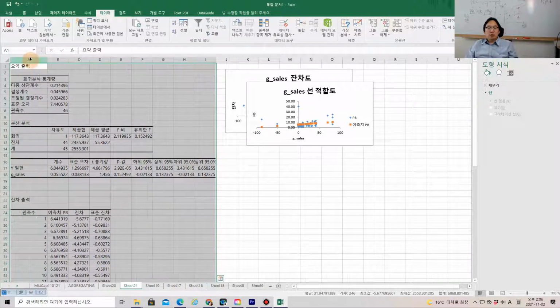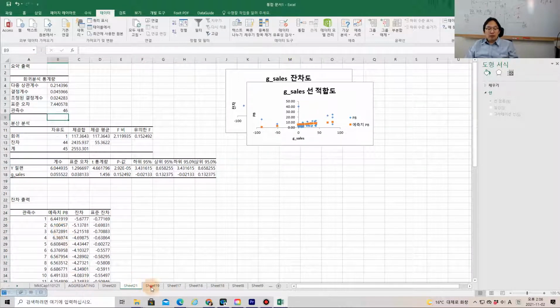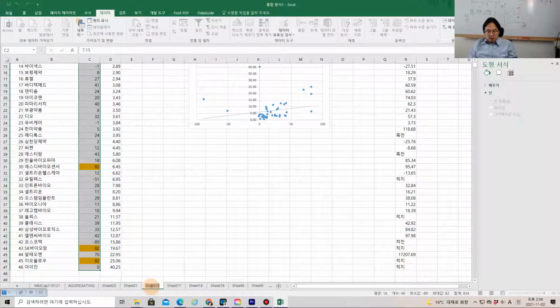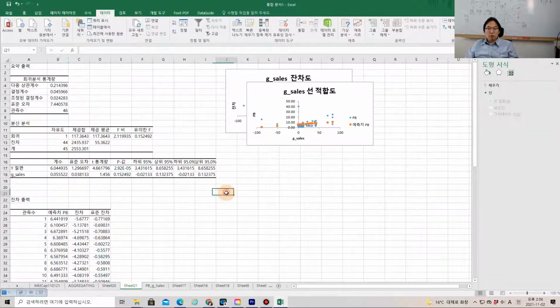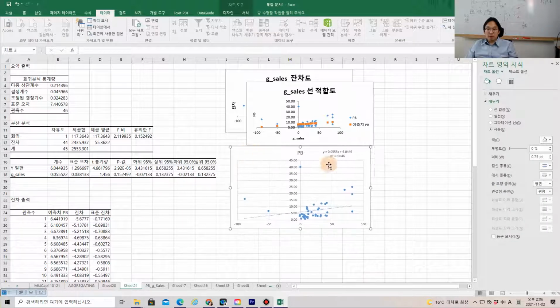Now what do you have? Let me get back to this one. PB and then G sales expectation, right? I want to keep this one. Maybe I should copy this and move it to here as a reference. Good. Now you see the coefficients and these estimates.